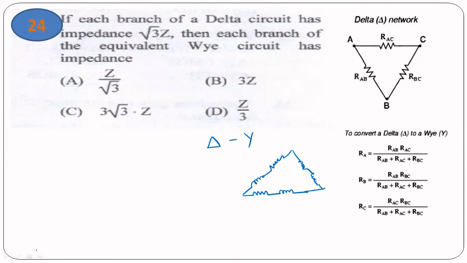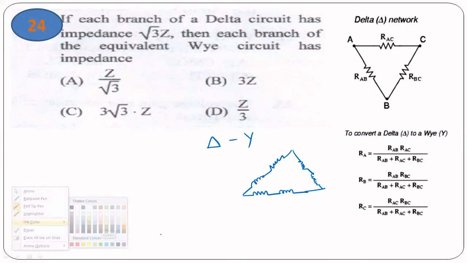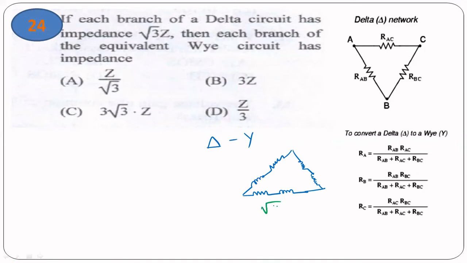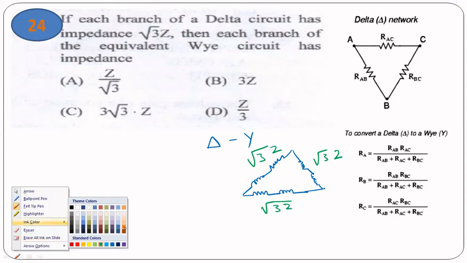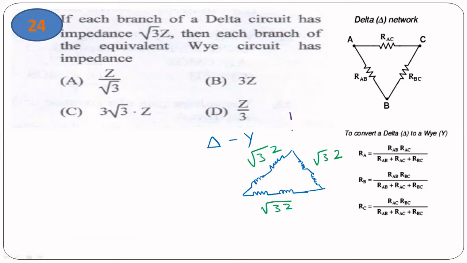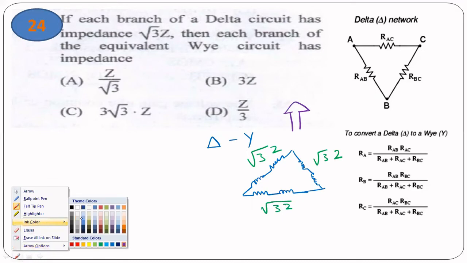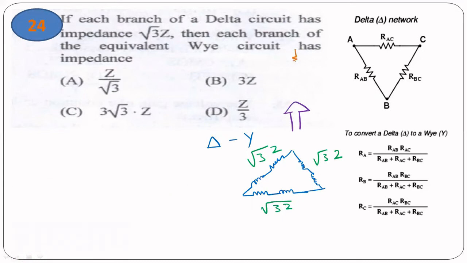Each branch has an impedance √3Z. This one also has √3Z, and this one has √3Z. Now if this delta circuit is converted into star, then we need to calculate each of the elements.